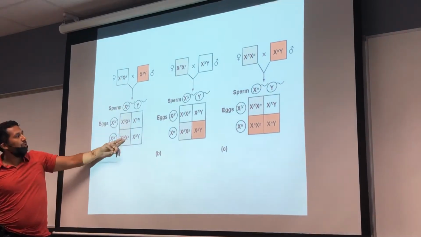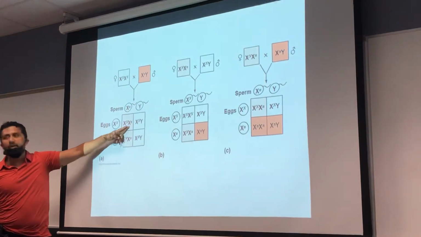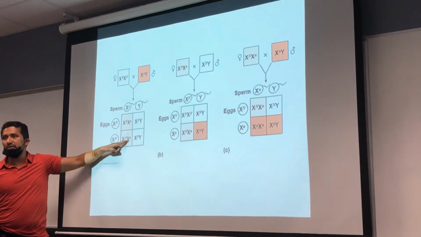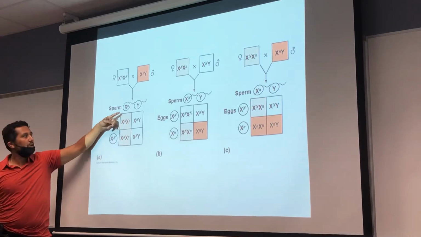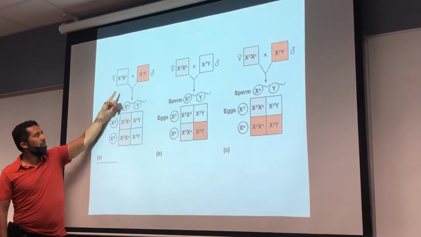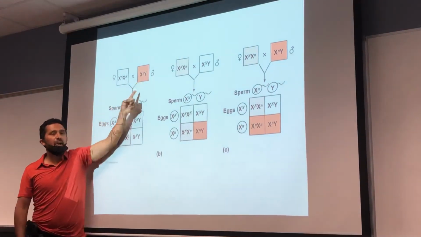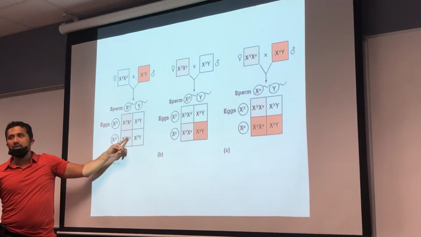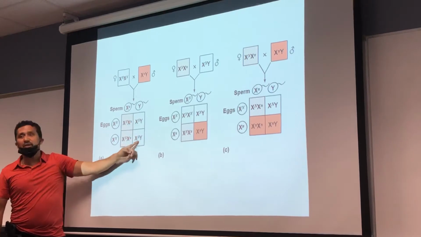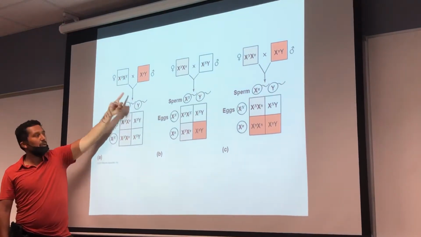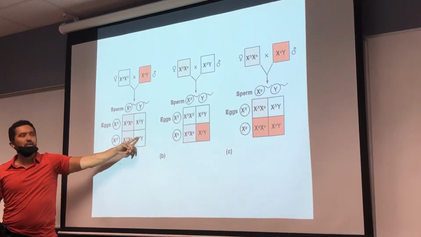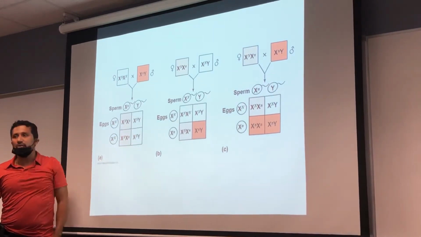Then here you have the daughters who are going to be carriers, heterozygous. They are safe because the mom passes the dominant allele. They are carriers because the dad passes the recessive allele. For the boys, they are going to be protected because the mom is going to give the dominant allele, so they are good. Right? The dad is going to pass the Y chromosome.